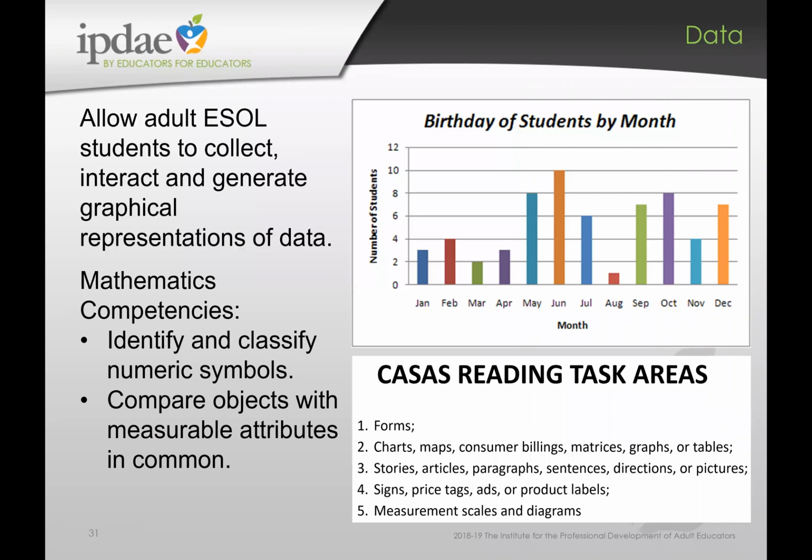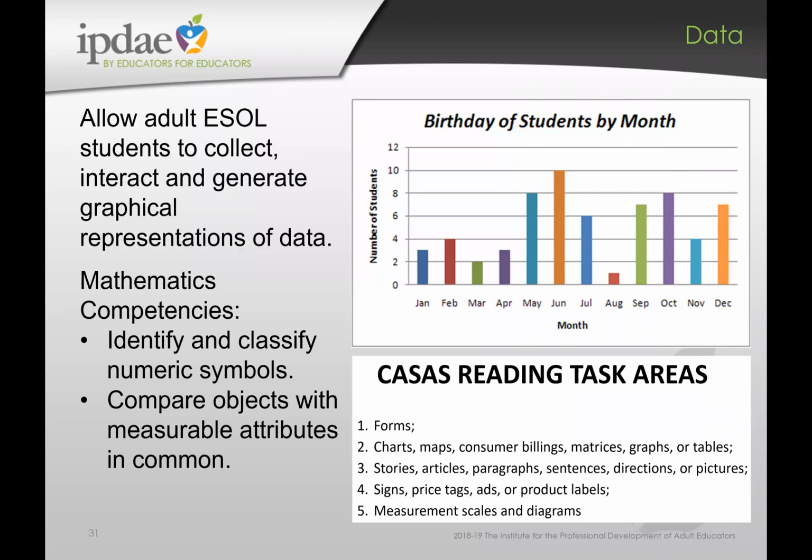Anyway, that's part of our reading CASAS test, CASAS reading task areas. So, start looking at that and do your own little survey with your class. So what's your favorite color, or what's your favorite food, or what's your favorite country to visit, or a favorite state you want to be in the United States.